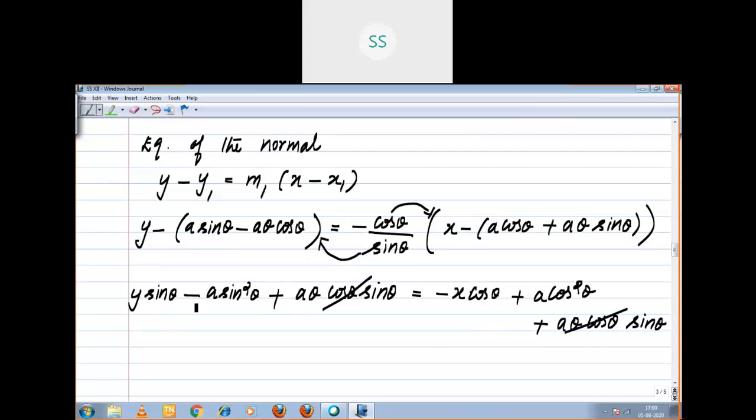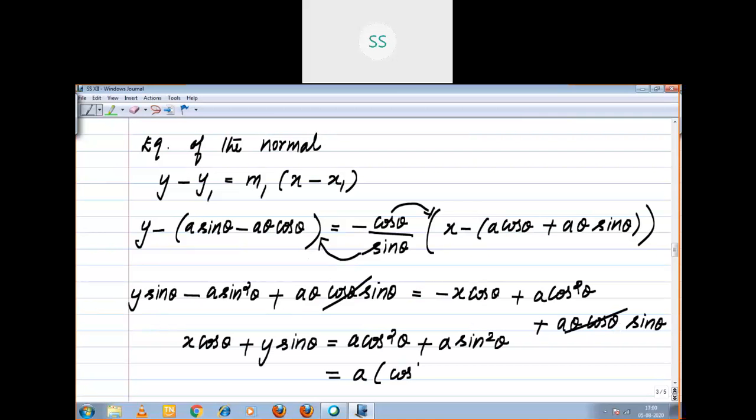Now, x cos theta plus y sin theta equals a cos square theta plus a sin square theta. You know the identity cos square theta plus sin square theta equals 1.